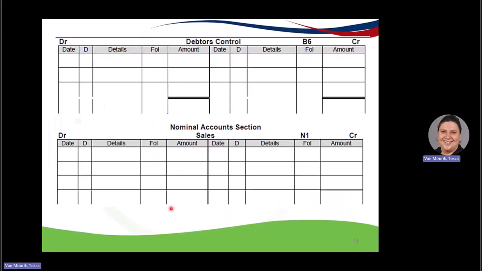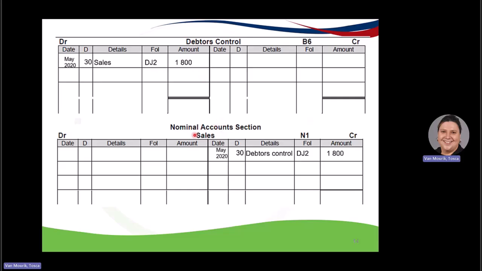If we go to the debtors control account, debtors will increase on the debit side with the 1.8, and then the sales account will be credited. So again, can you see the contra accounts? In my debtors control account, I know it is for sales. That is coming from the DJ number 2, and it is 1.8.